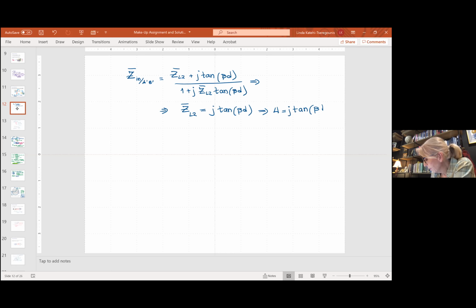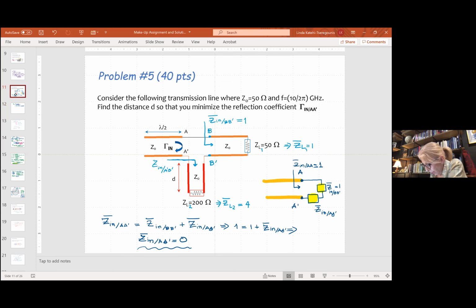What does that tell you? That tells you that you can never, because tangent always has a real value, that tells you... should the second box you drew be the Z input at A prime, B prime? Let me see. Okay, corrected that.